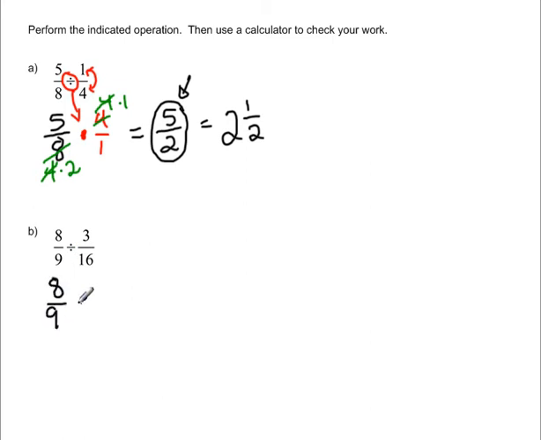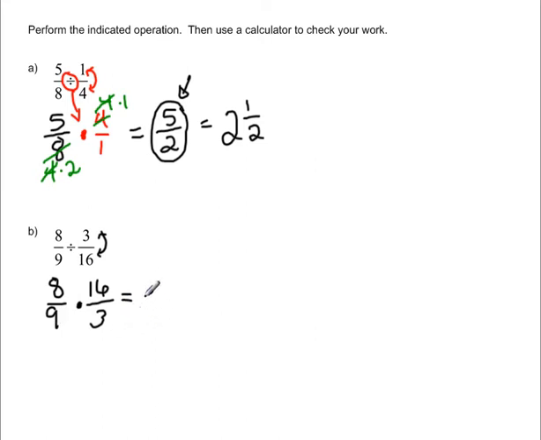So we have 8/9. The division is going to become multiplying, and then remember we're going to take the reciprocal of the divisor. Always the second fraction is the one that gets flipped over. So then we have 16/3. And now when we look at this problem, we're saying, well, there's nothing there that's going to cancel out, right? There's no common factors between numerators and denominators.